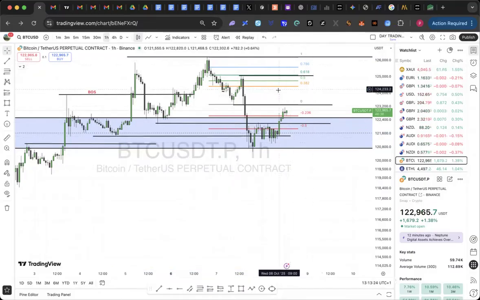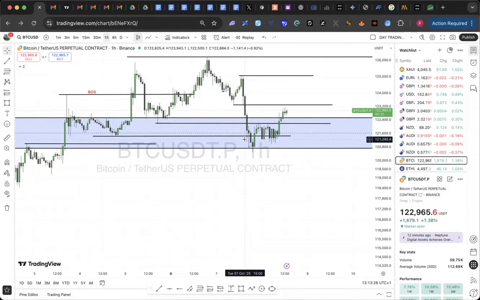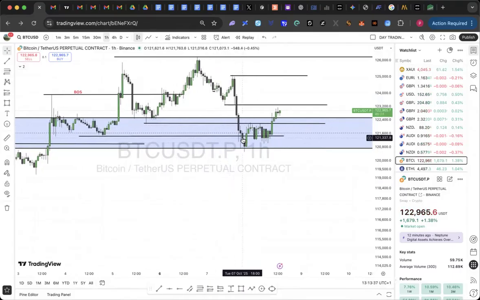Have you seen that? We broke this point. Now that we break this, this is a change of character or market structure shift. Now, this is a downtrend. This is no longer an uptrend. On the 1 hour time frame, this is a downtrend.